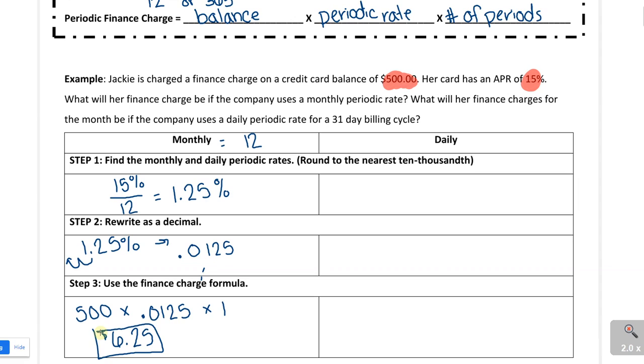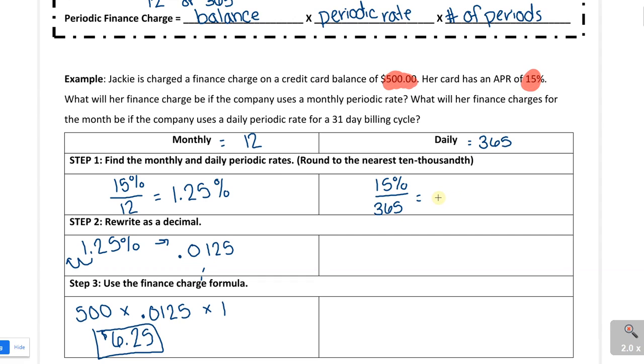Now let's do the same problem, but dealing with a daily periodic rate. So daily is 365. We're going to take the percent, 15%, and divide it by 365 to find the new rate.